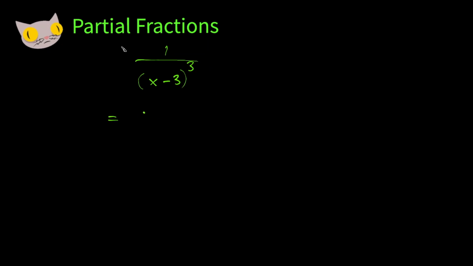You're going to have A over x minus 3, plus B over x minus 3 squared, plus C over x minus 3 cubed.